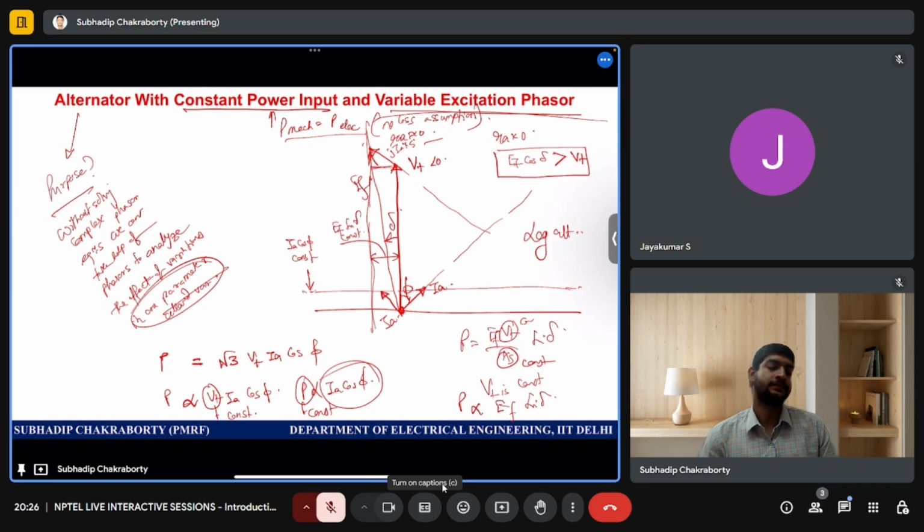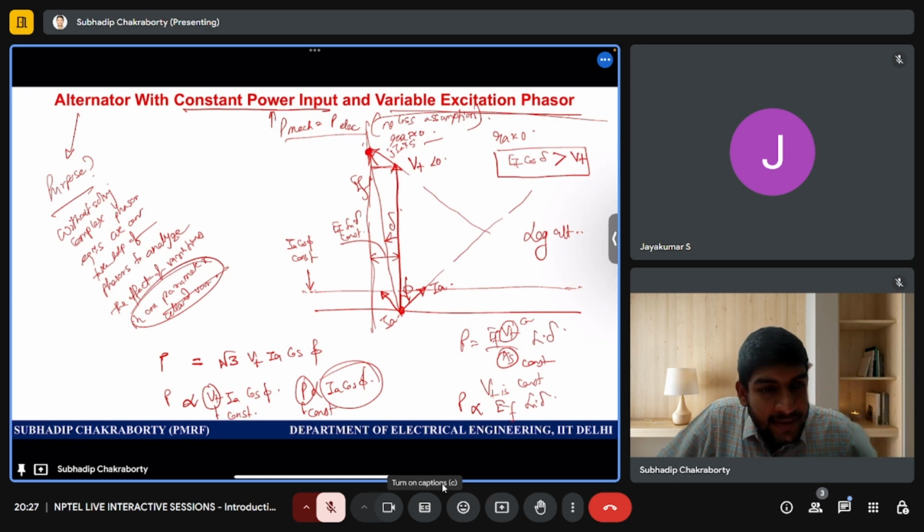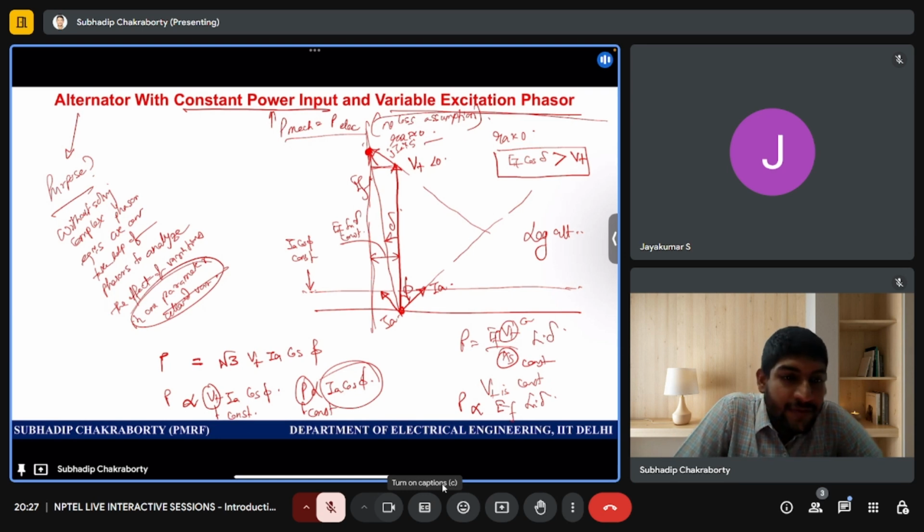Please note. Why? Because EF length tip is above VT. Noted? Yes or no? Please tell me. This is important. So EF cos delta is more in length as per geometry compared to VT length. Noted, right?